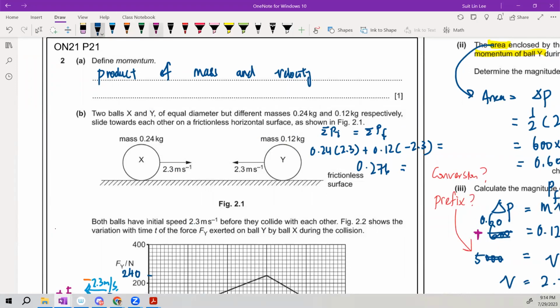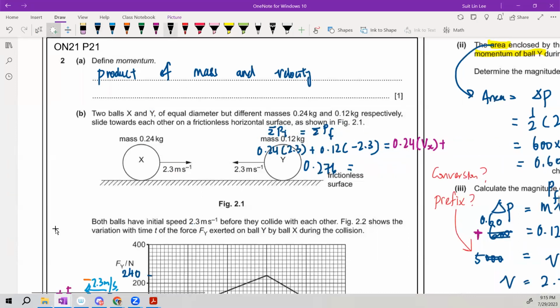And then on the other side, we're looking for the speed of ball x. So this one would be 0.24 Vx plus 0.12 times the speed we already know, which is 2.7. Although I think it's rounded. No, it's not rounded. Okay.